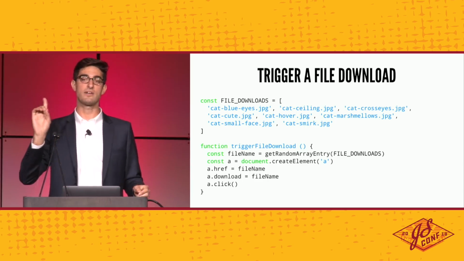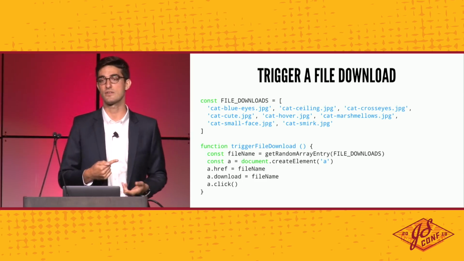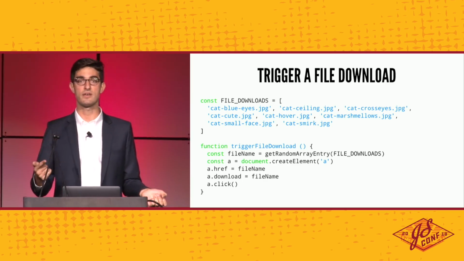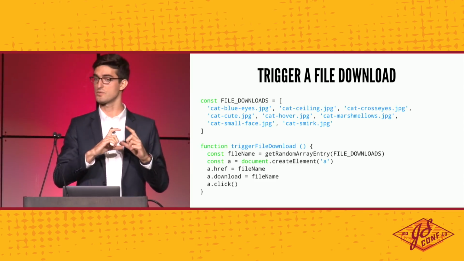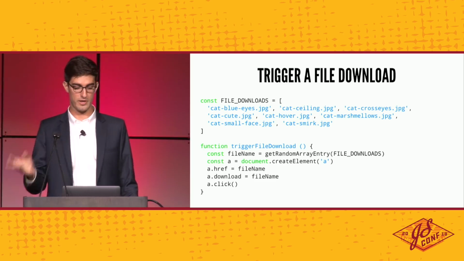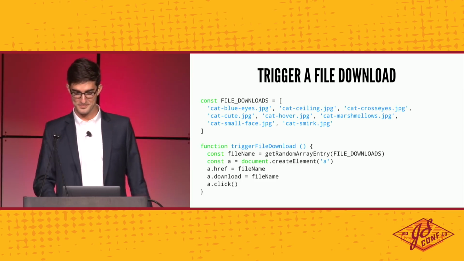So we're allowed to trigger one file download immediately without any user interaction. But then further file downloads have to happen in response to a user-initiated event, otherwise the browser blocks them and asks the user, the site is trying to download multiple files, would you like to allow it? So we can just call this right away and give them various cat pictures in their downloads folder.